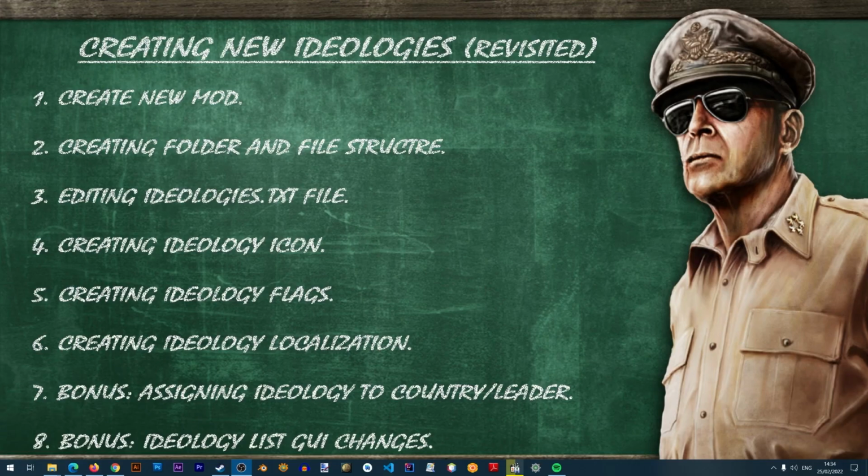There is one more step that we need to make in order to finish our localization. And this step will require some outside resources, which I have prepared and which I will have a link to in the description of this video. So what exactly am I talking about? Each country in the game has a localization entry that corresponds to every ideology in the game, so that the game knows how to refer to that country when it is assigned that ideology.